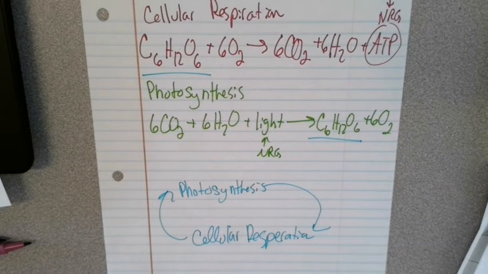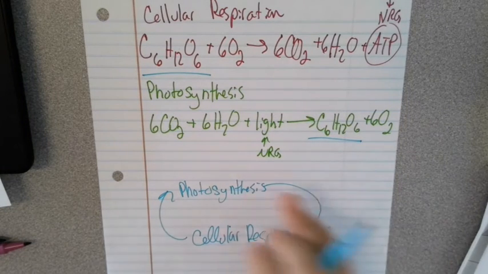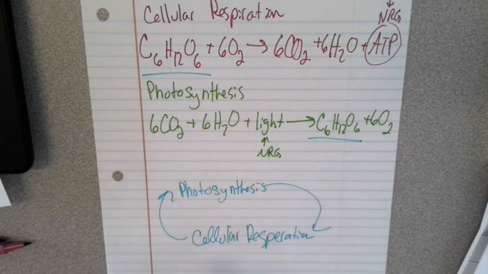So you need photosynthesis for cellular respiration to occur. That's why we as human beings need plants in order to survive, because our bodies, our systems, need to use cellular respiration in order to operate. So make sure that you have this relationship between the two.